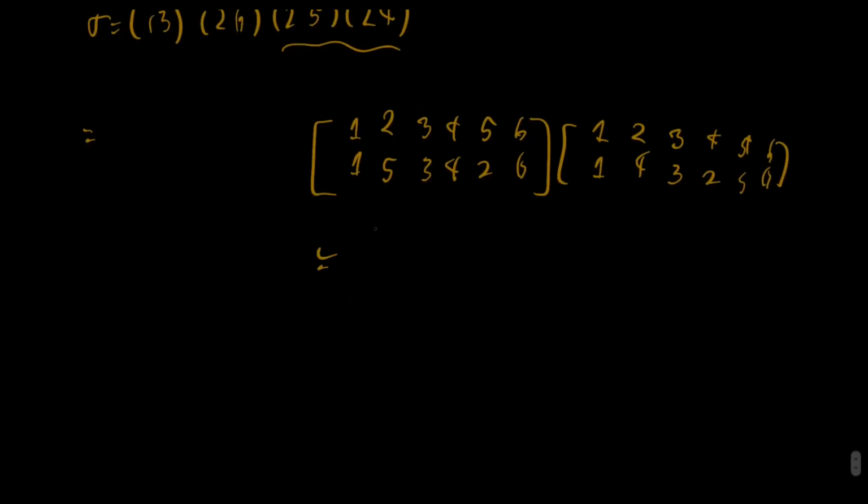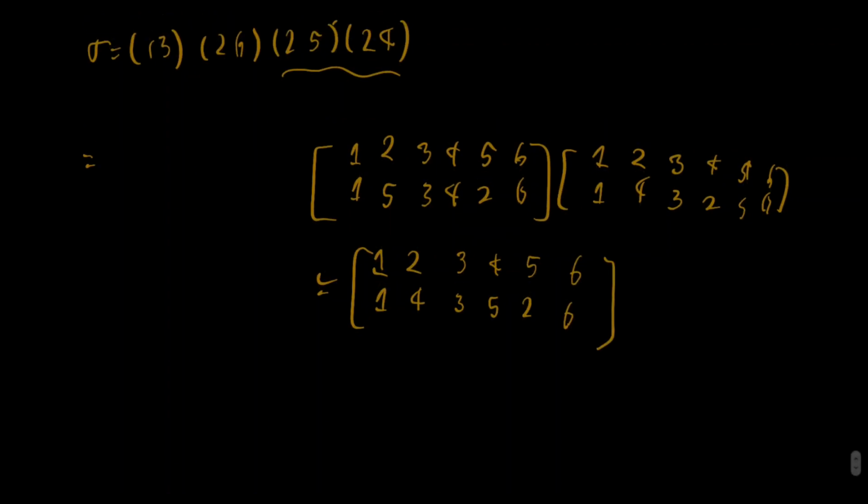The product of these two cycles is basically: 1 gets sent to 1, then 2 gets sent to 4, but 4 here gets sent to 4, so 2 to 4, then 3 to 3, then 4 to 2, so 4 to 5 in total, then 5 to 2, and then 6 to 6.